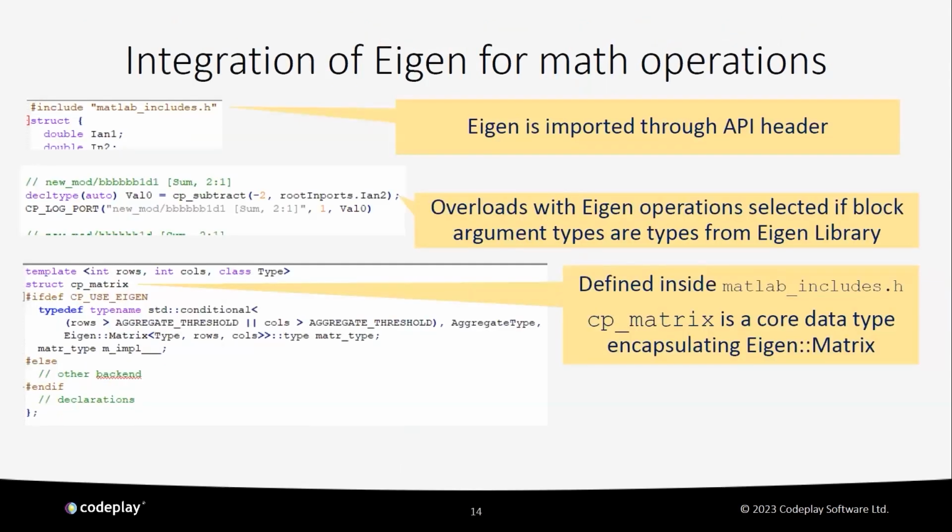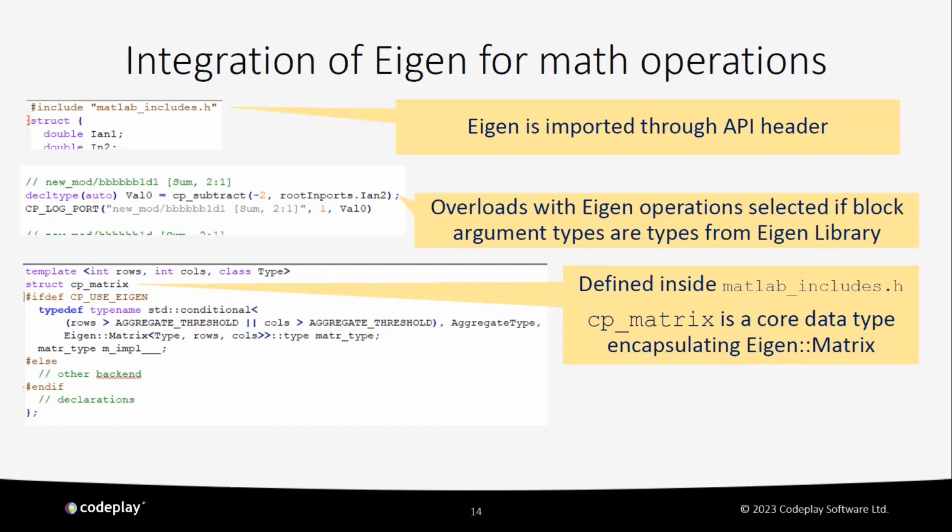So the Eigen integration is really, in a way, behind this API. For instance, from the previous example, you see the subtract function, and the subtract function implements all sorts of overloads, and if the arguments of the function are Eigen types or other types, then the right overload is selected and the right operation is called.